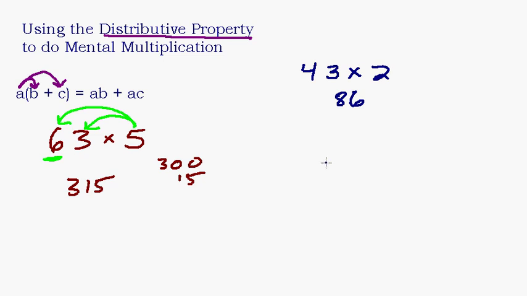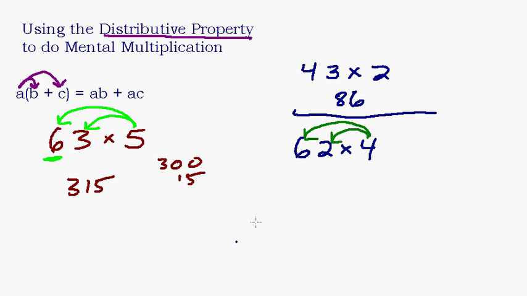All right, let's try another one. 62 times 4. 6 times 4 is 24, but this is 60 times 4, so it's 240. 248. That's your answer, 248.